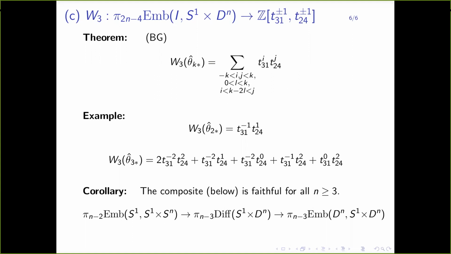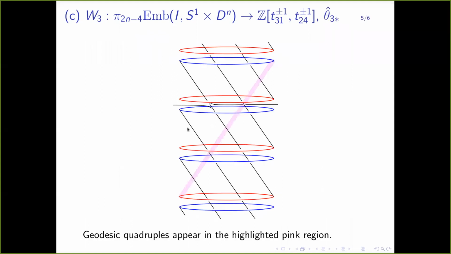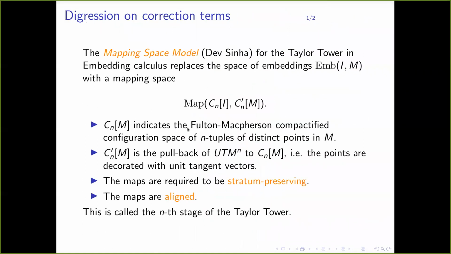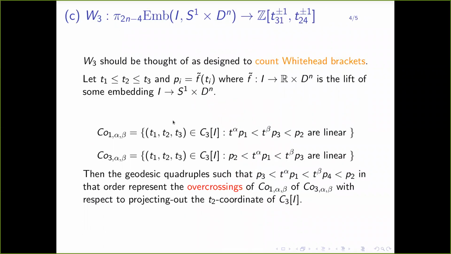Is it easy to say what the idea behind defining this invariant W3 is, with counting lines with certain properties? I tried to say it earlier.